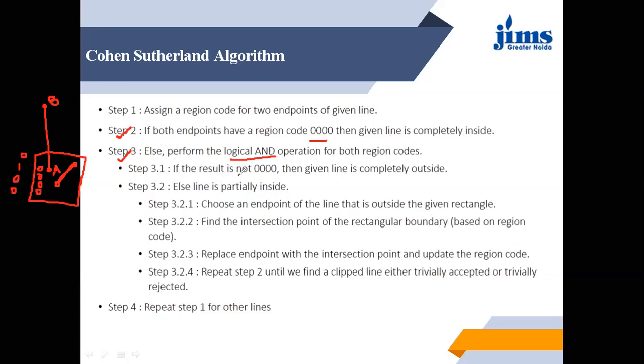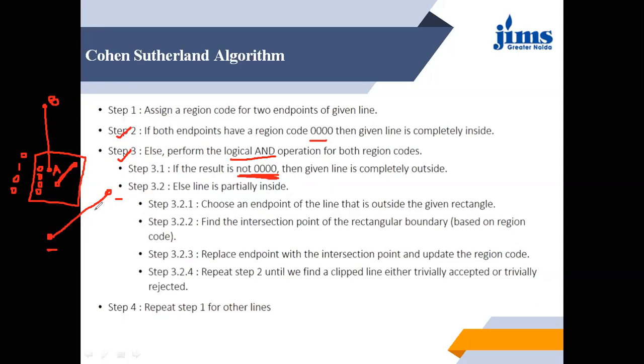If the result is non-zero, then the line is completely outside. Suppose this is one point and this is another point, and we find the region code for each and perform an AND operation between the two, and that value is non-zero, it means the line is completely outside. So there is no need to clip.